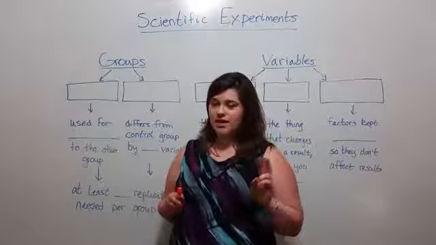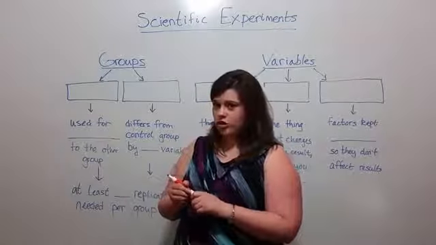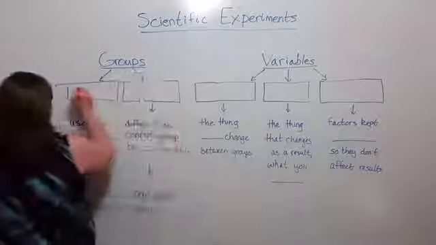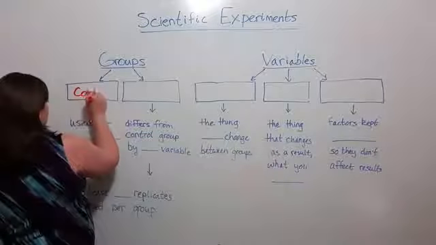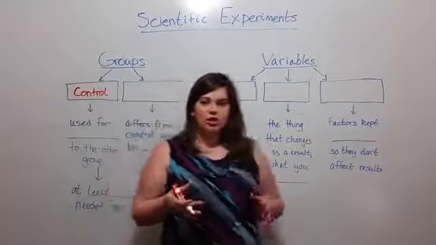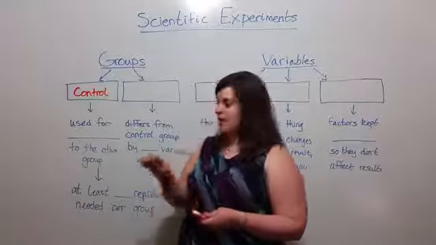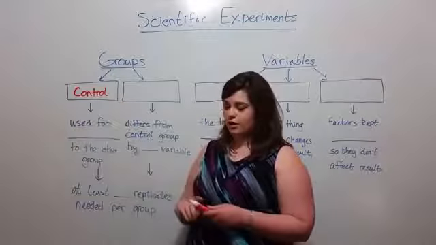There are two different groups in any good experiment. The first one, called the control group, is mainly used for the sake of comparison. That is, comparing the two different groups.